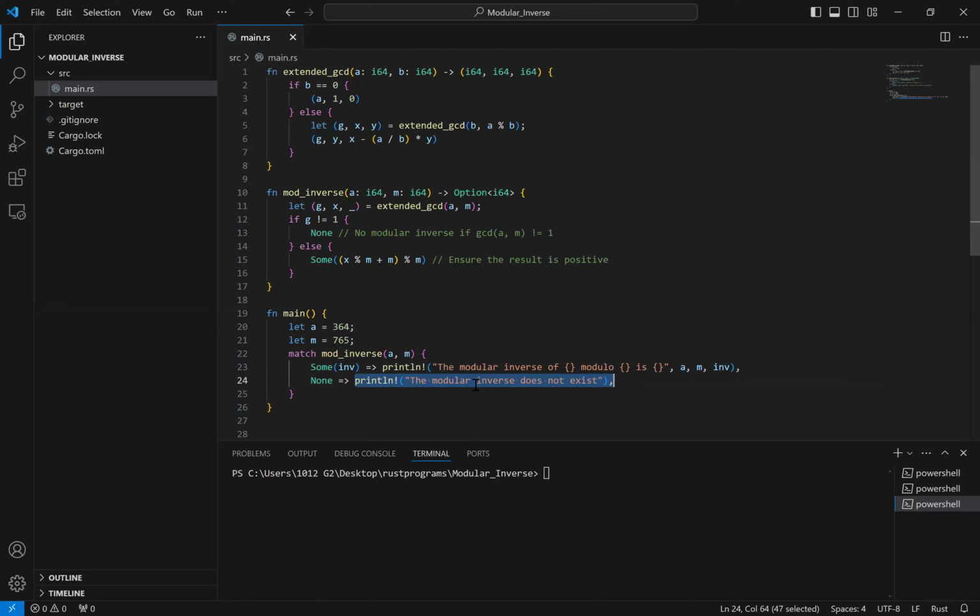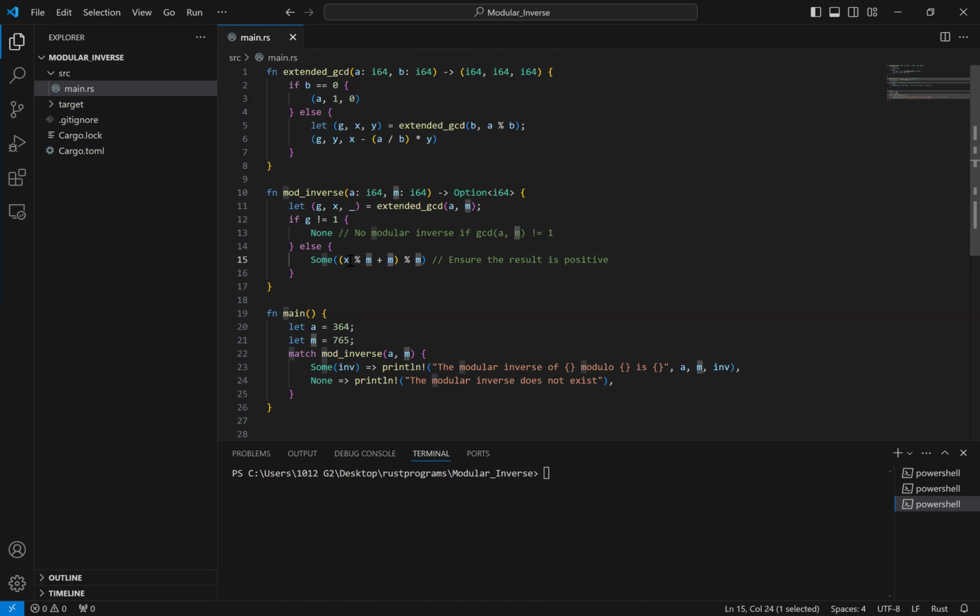That means if the GCD is 1, the value of x which came from above, whether it was negative or positive, we take the remainder of x on division by m. Then add m to it, to ensure that if it was negative, you are making it positive.